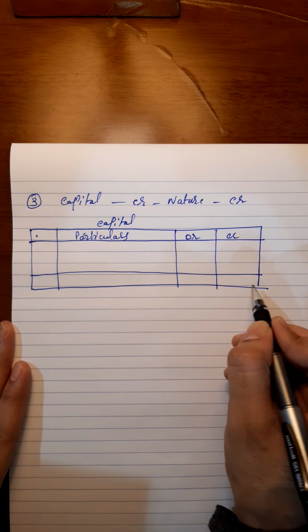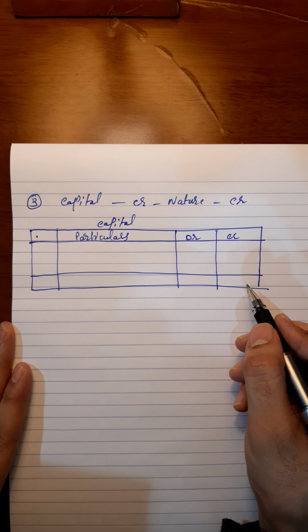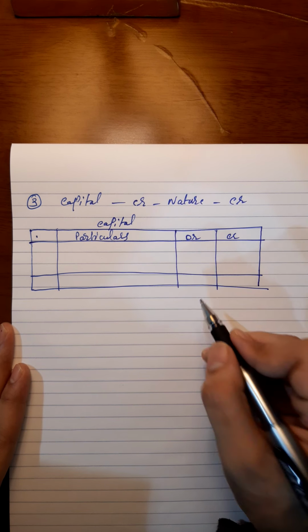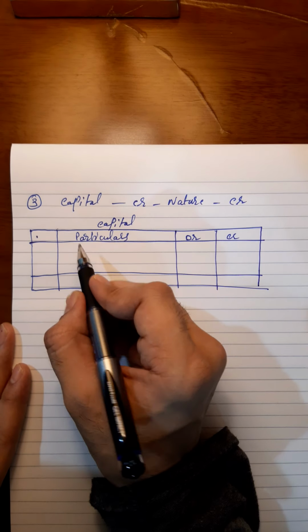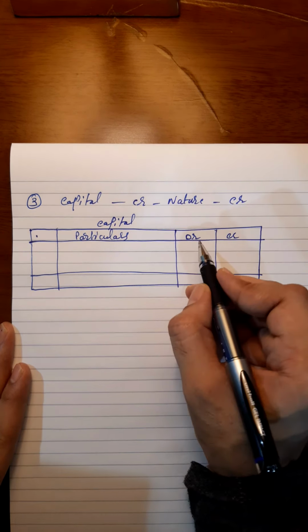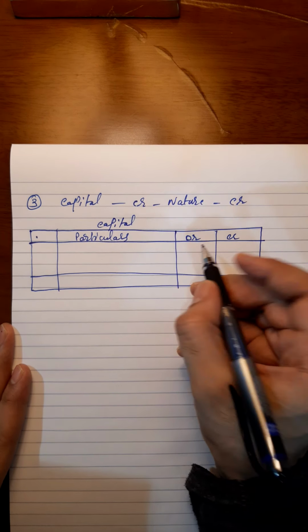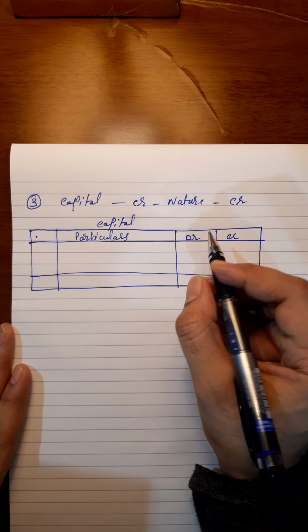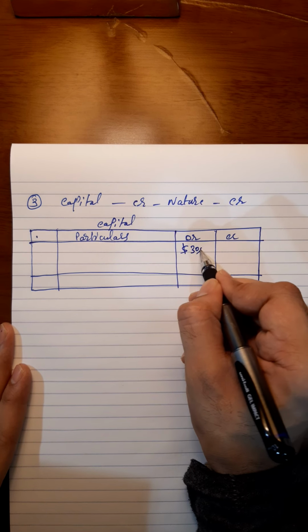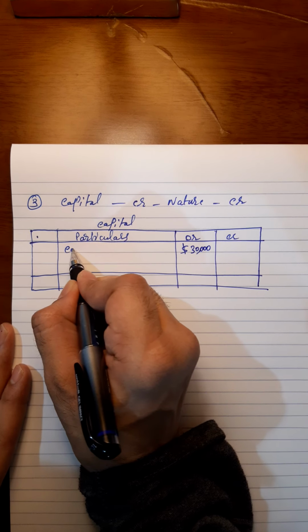Friends, our business owner starts a business. So he starts the business with, for example, $30,000. So he will bring cash.